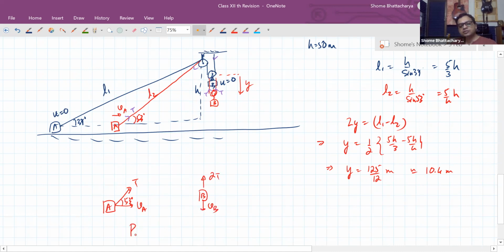So power delivered on A by tension is T VA cos 53, and power delivered by tension on the block B is minus 2T VB.